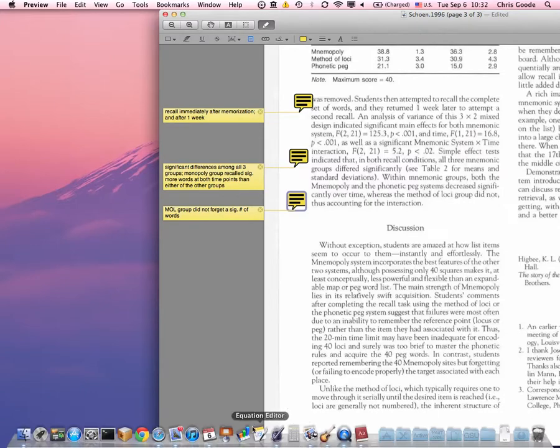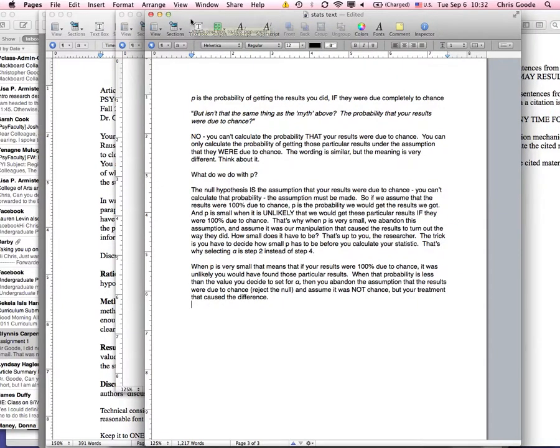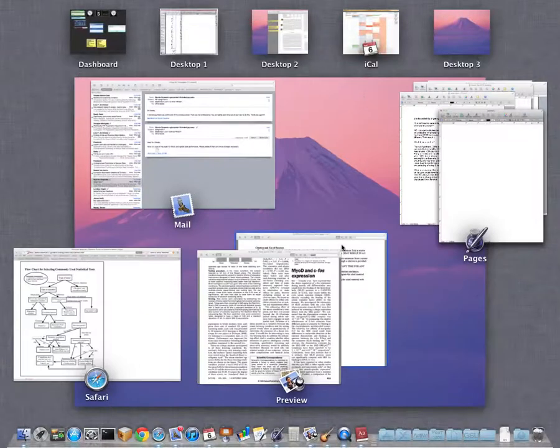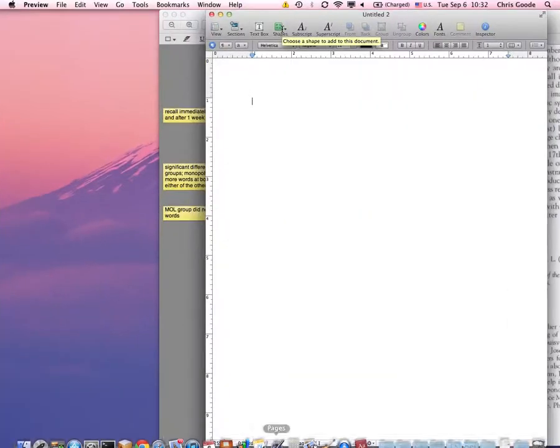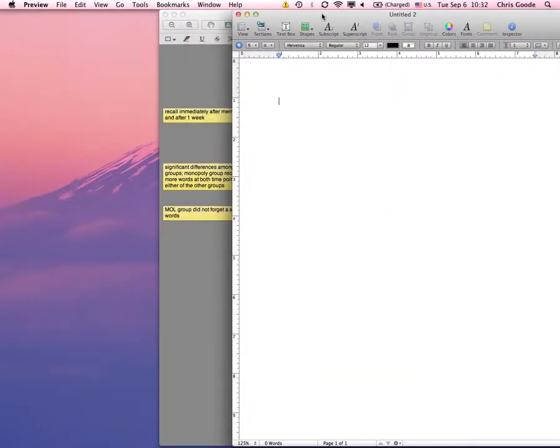So how would we actually do this? Well, let's do this. We need to write the following things for our article summary. We need to do an intro where we explain the rationale.